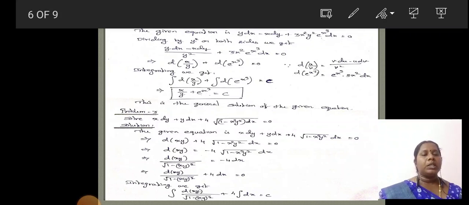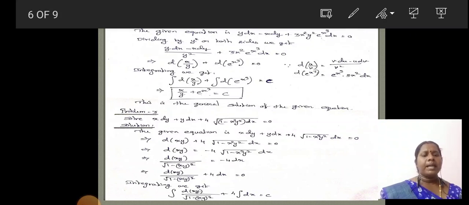The first two terms will be replaced by d of xy because d of xy equal to x dy plus y dx. So we have d of xy plus 4 into square root of 1 minus x square y square dx equal to 0. Then the second term will be moved to the right hand side. So we get d of xy equal to minus 4 into square root of 1 minus x square y square dx.